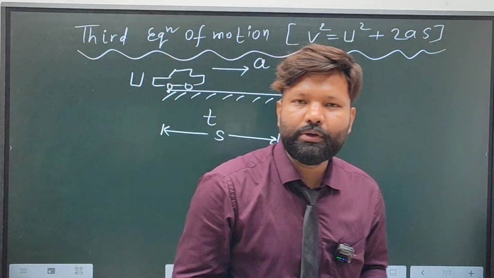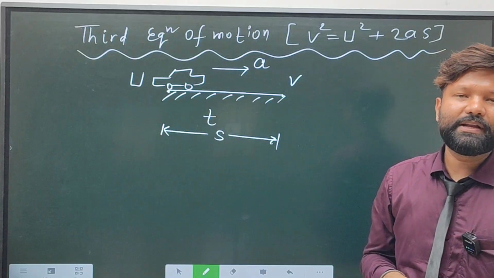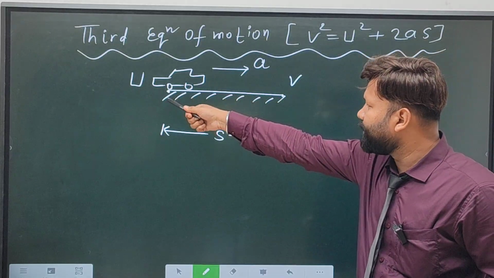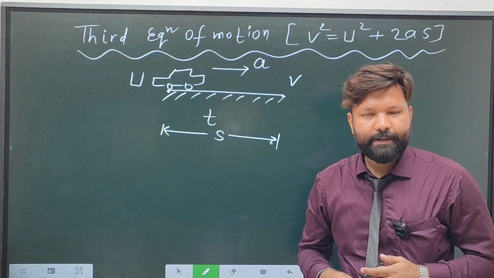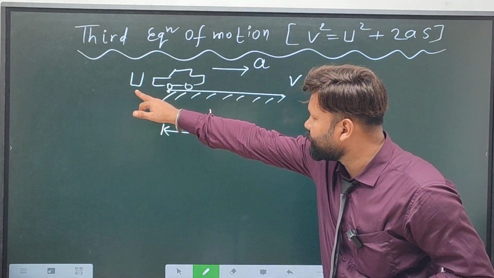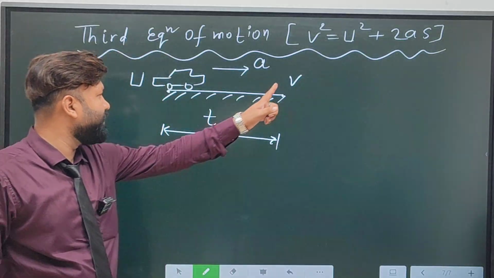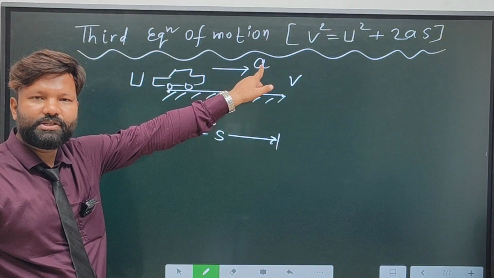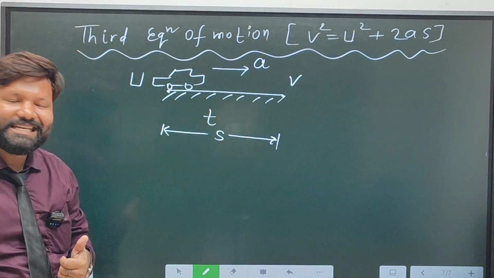When you are writing in the note copy, students, you have to give the heading of this, and after writing the heading, you have to draw this diagram. Now after the drawing, you have to write the language. Suppose a car moving with initial velocity u, after time t, final velocity of the car becomes v, moving with uniform acceleration a. The car covers a distance s in time t.